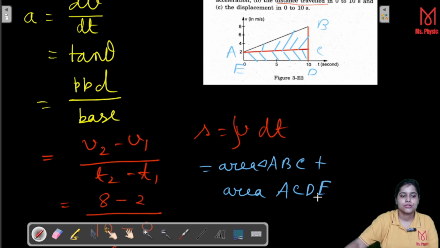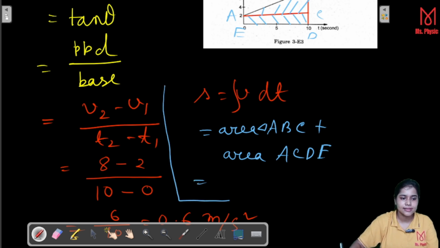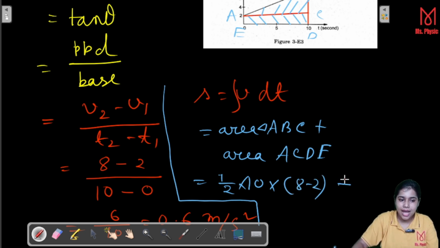ACDE. So the area of triangle ABC is equal to half of your base, which is AC. AC means 10, right? And your perpendicular is 8 minus 2. Plus the area of ACDE, where AC is 10 multiplied with CD, and CD or AE is equal to 2.